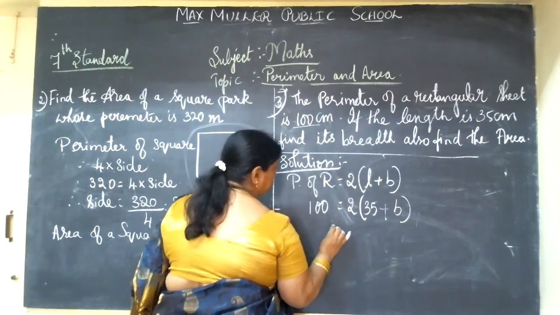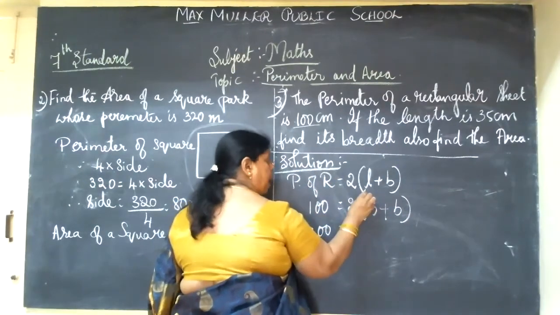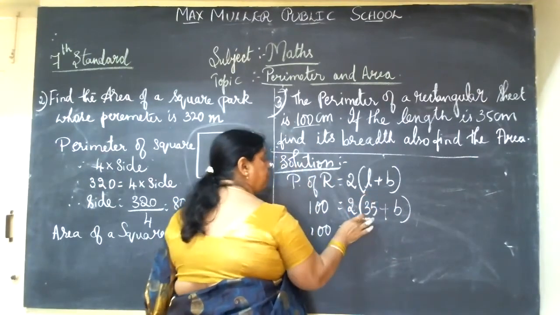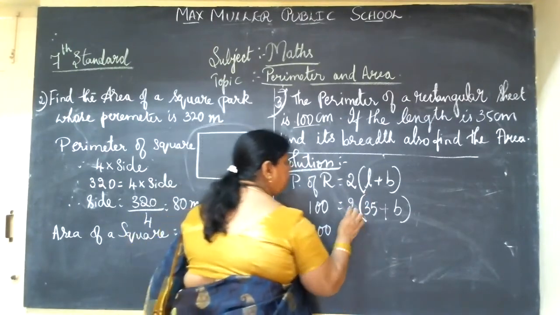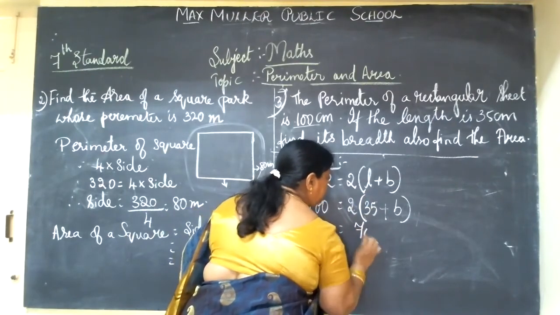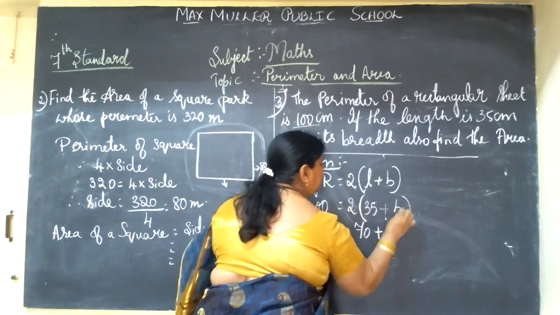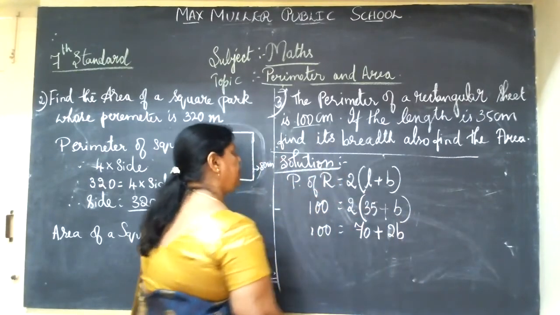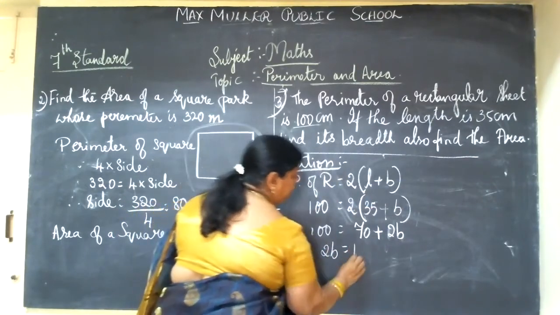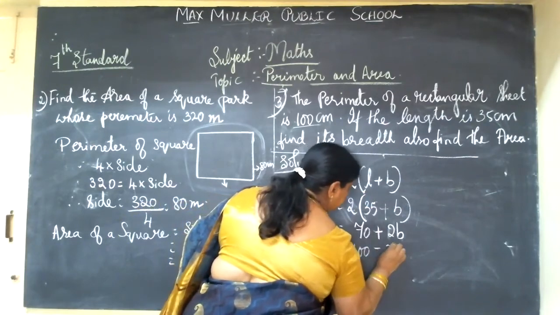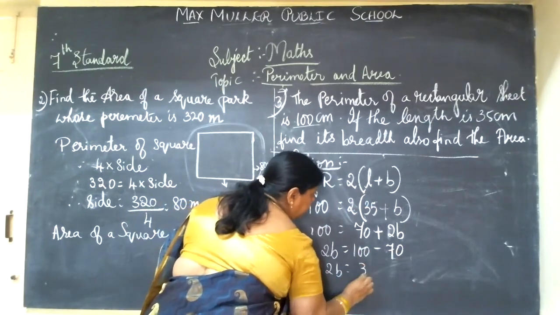So 100 is equal to 2(35 + B). When there is a bracket in simple equations, I have told you, we multiply it. 2 35s are 70. 70 plus 2B. 2 into B is 2B. So, let 2B come out. 100 minus 70, 2B is equal to 30.